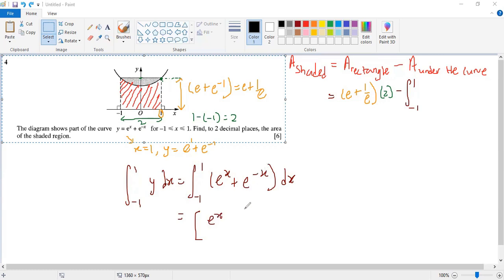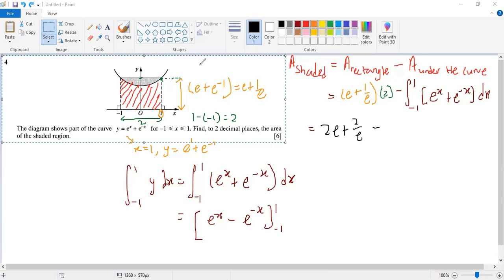For the other one, you differentiate the power and divide, so it becomes -1, so negative e to the power -x, because integrating e retains itself. So this is how it looks. I can put the integral of e to the power x plus e to the power -x, dx. Then the next line: 2e plus 2 over e.